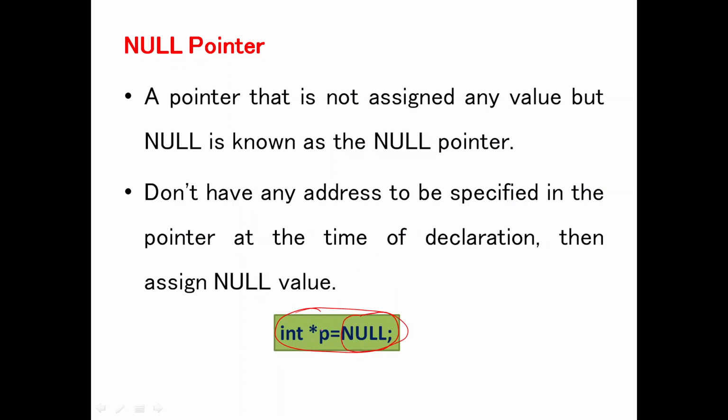If we don't have any value to initialize, we can initialize this pointer with the value null. If we don't initialize the pointer, it will take some garbage value, but if we use null, it is a defined value. That is the use of initializing the pointer as null. To avoid garbage values, we initialize the pointer as null.